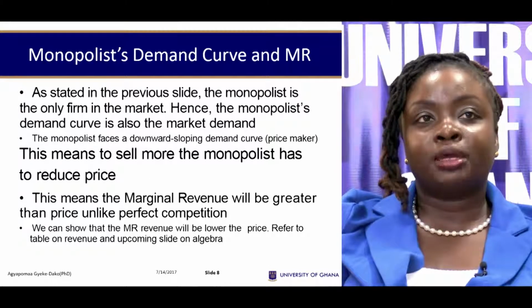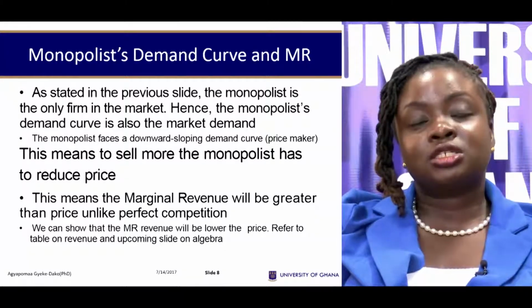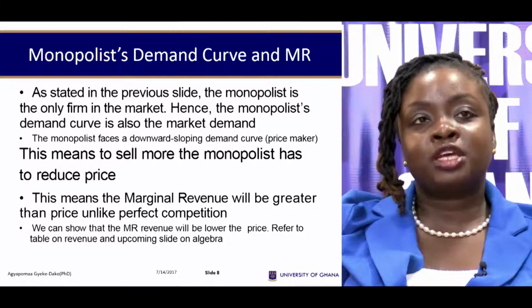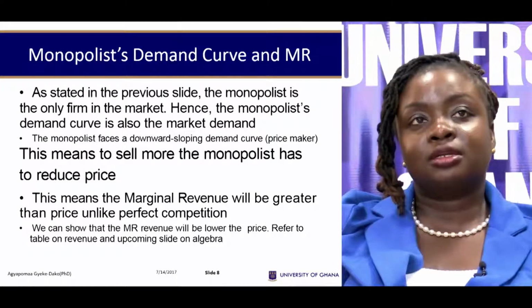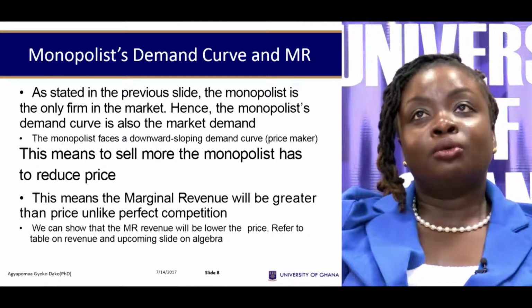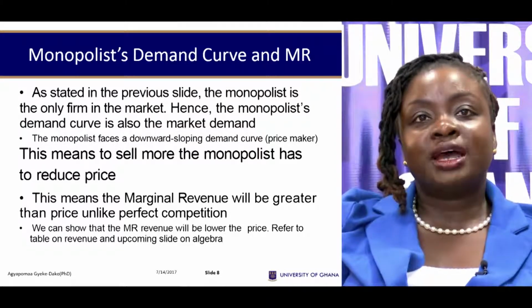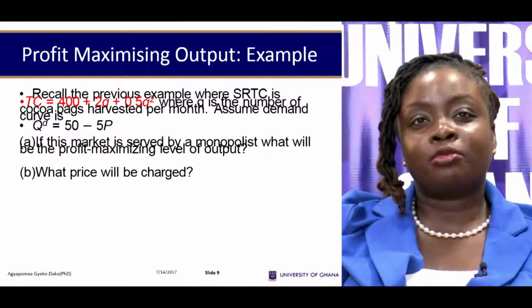Now, coming to our core issue, which is profit maximization, selecting the price and the output that would help firms maximize profit, we need to consider the short run and the long run. In the short run, the monopoly firm would be confronted with four situations. One, it could be making abnormal profits.